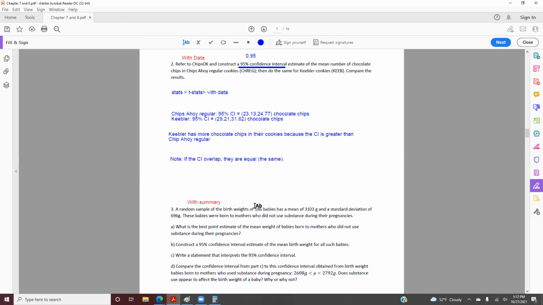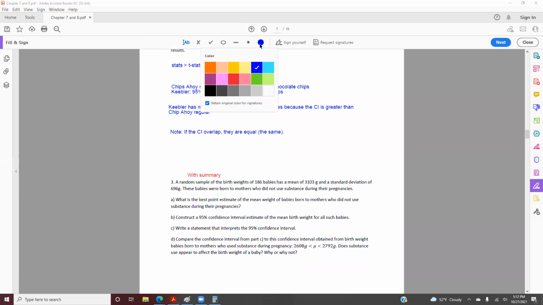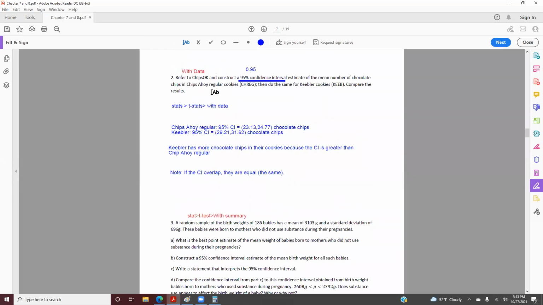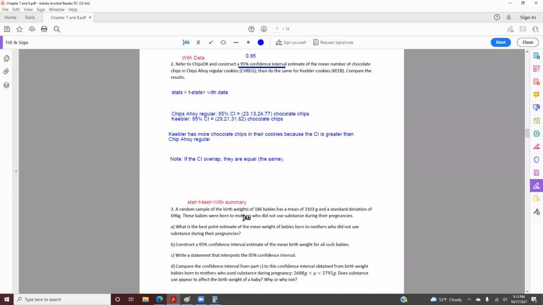They just did the work and found out the mean is this and the standard deviation is that. So when you do this in your StatCrunch, you're gonna do it with summary. You're still gonna go to stat, you're still gonna do t-test, but this time you pick with summary. That is the difference between the data one and the one with the summary.